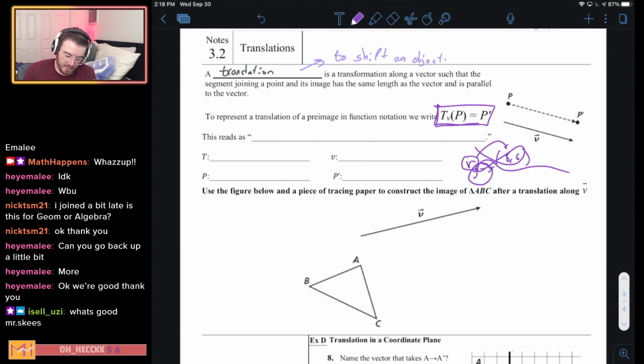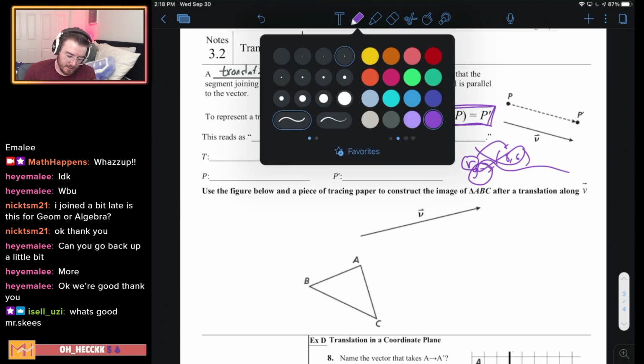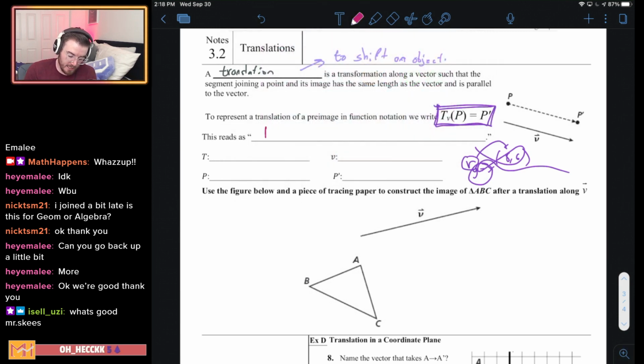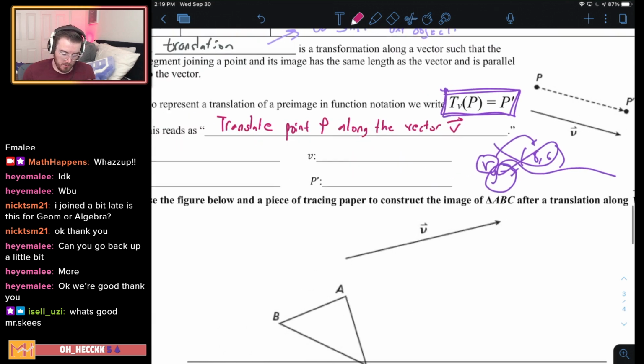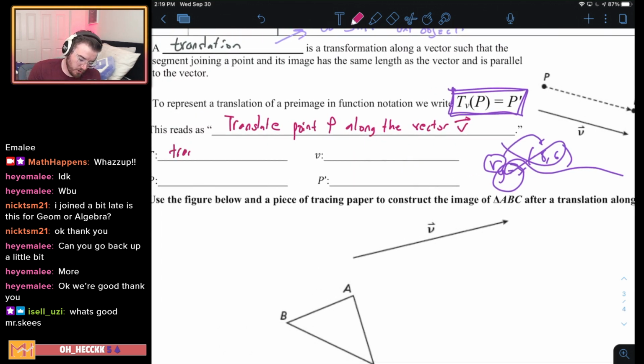What does this say? It says to capital T translate that point P along the vector V. So capital T stands for translate.